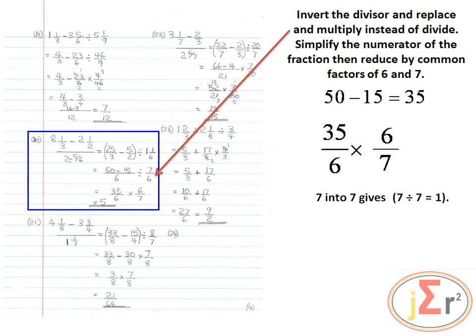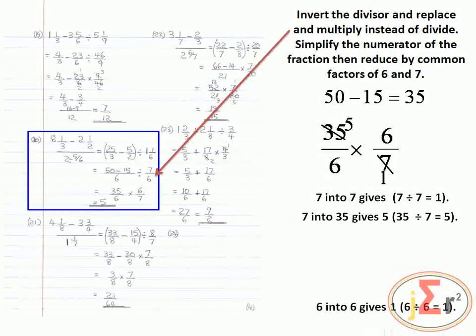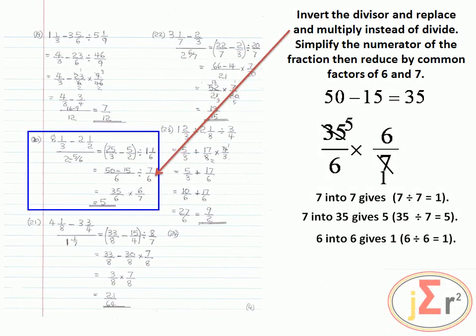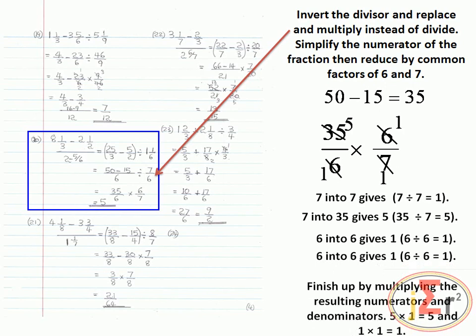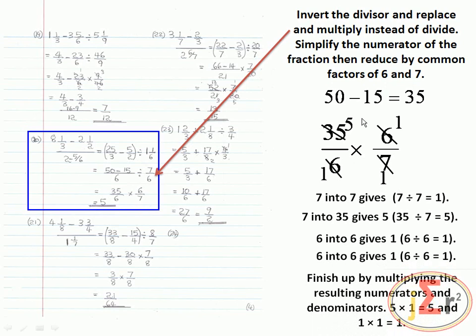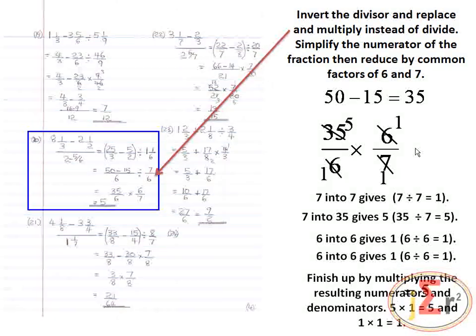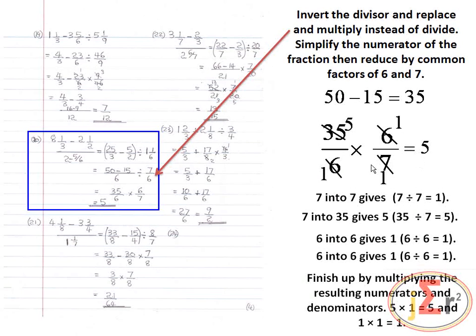Then we will go straight ahead and reduce by a common factor of 7. 7 into 7 is 1 and 7 into 35 is 5. Then we reduce by a common factor of 6. 6 into 6 is 1 and 6 into 6 is also 1. So what do we have? 5 multiplied by 1 is 5, and 1 times 1 is equal to 1. So 5 over 1, and that is equal to 5.